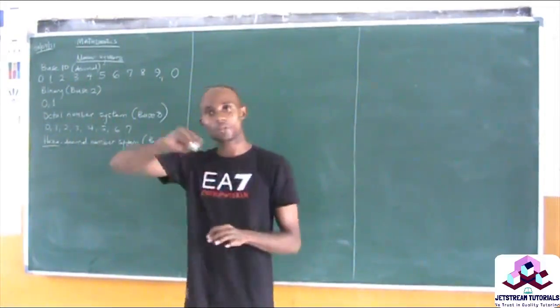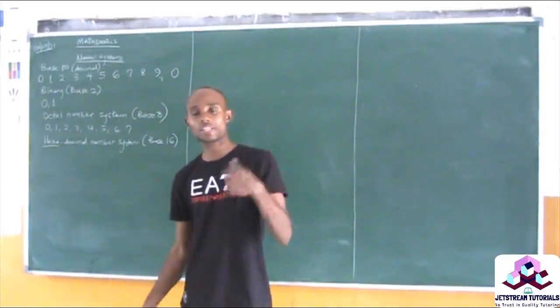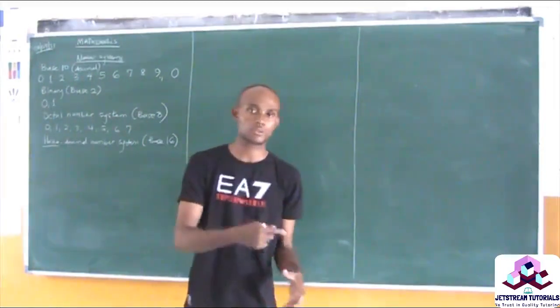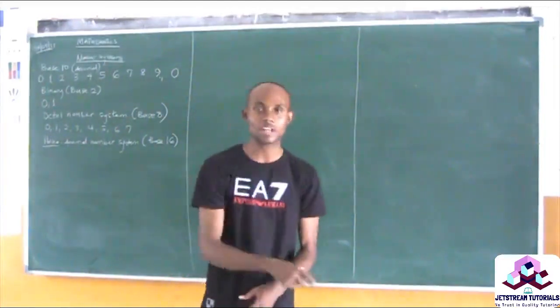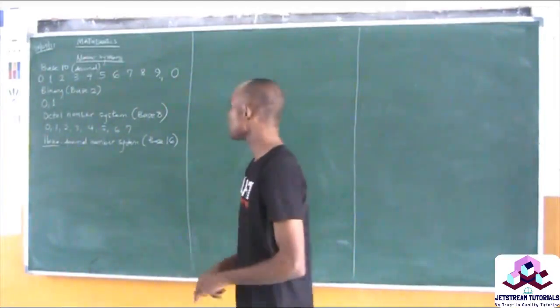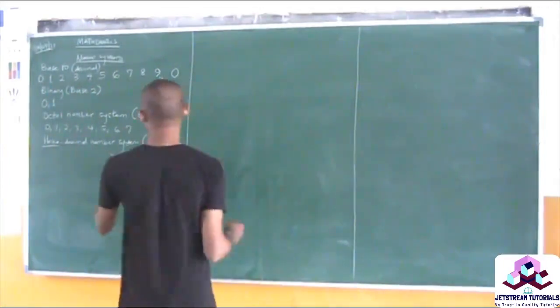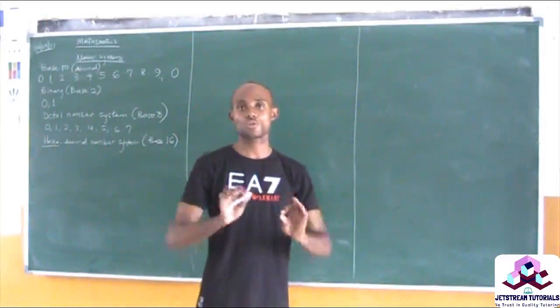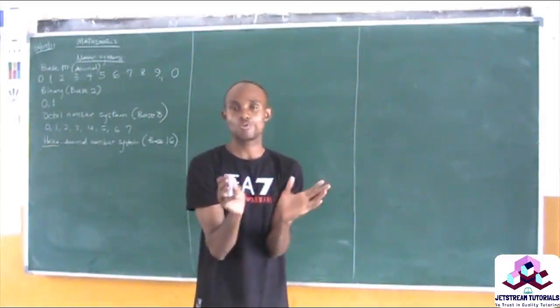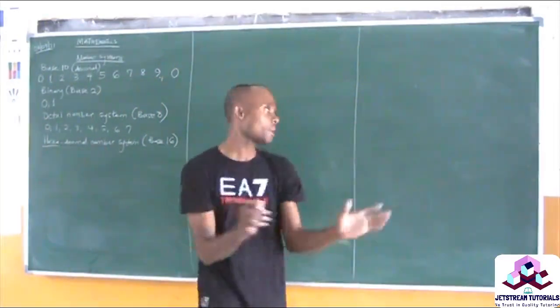So after 9, your 10, 11, 12, 13, 14, the system repeats itself into another bunch. But this time around, I'm going to draw a table, and then I'll show you a general table for this number system.